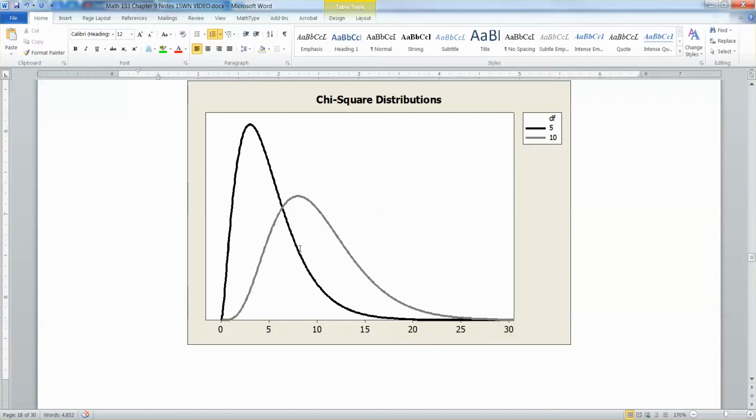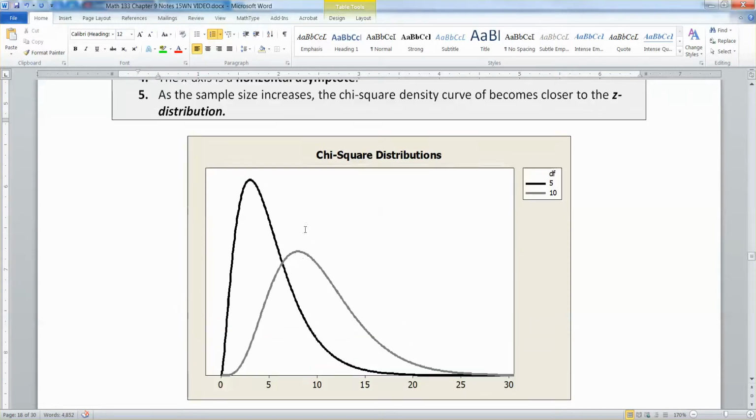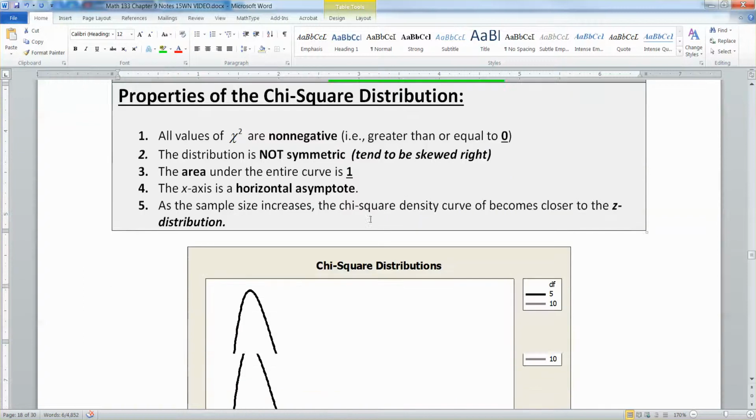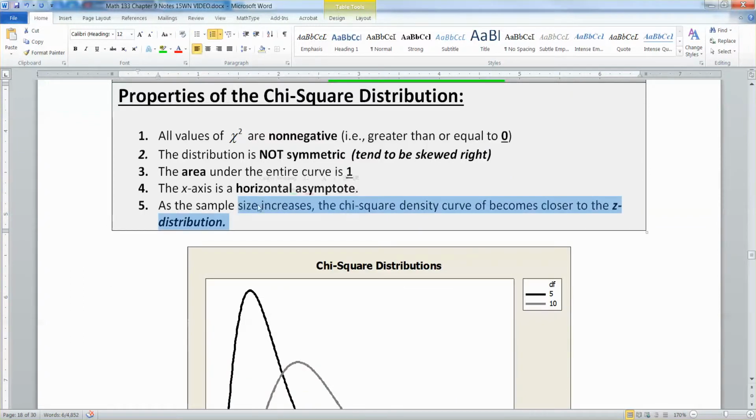Now, it's not normal, I grant you, but it's looking more normal. That's because the larger your n is, the more normal this distribution is. Keep in mind, the distribution of the data had to be normal, period. You can't do any of this if your data wasn't normally distributed. But chi-square, the new statistic you make from that data, is not normal unless n gets higher and higher.